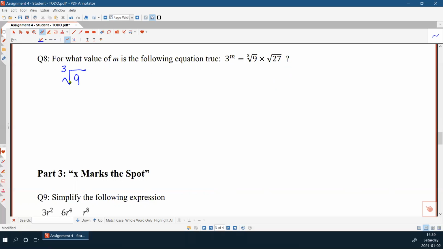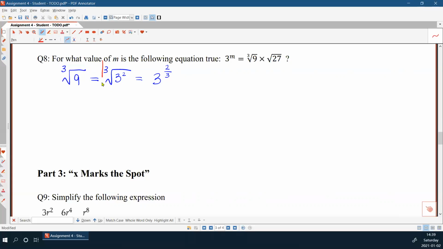Okay, cube root of 9 is actually cube root of 3 to the twice, right? 3 to the twice, and then find the cube root, which is actually 3 to 2/3, right?